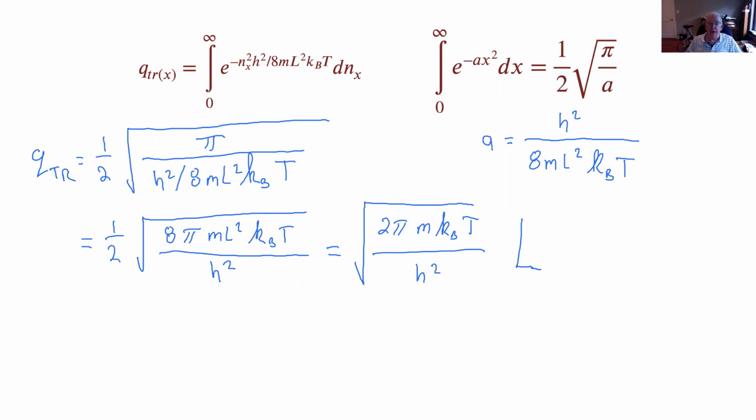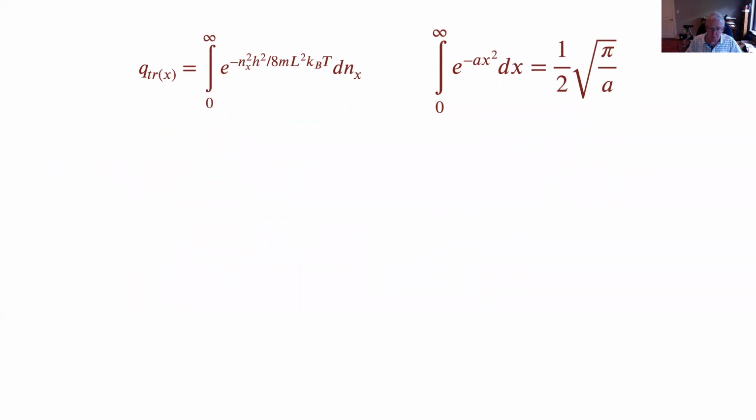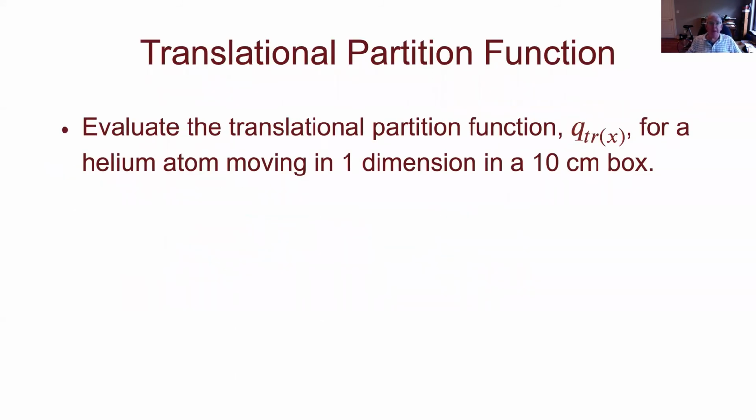I need the mass, and I need the box length, and I need a temperature, but everything else there I can just put in numbers for. And we're going to go ahead and do that now to get an estimate of what this thing might be equal to. So what I'm going to do is calculate the value for a helium atom moving in a one-dimensional box with a length of 10 centimeters.